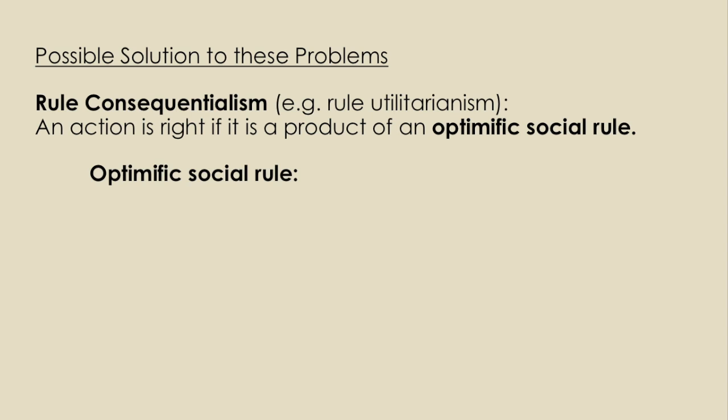So, rule consequentialism, even though it may solve the problem of justice, in the end is an irrational theory because it violates the basic principle that's central to consequentialism, namely that we should produce actions and determine how good those actions are by reference to the consequences or effects of the action.